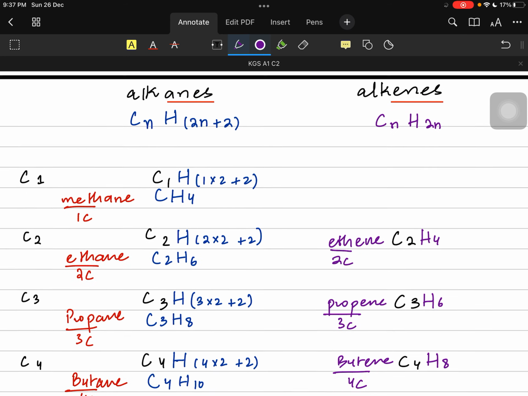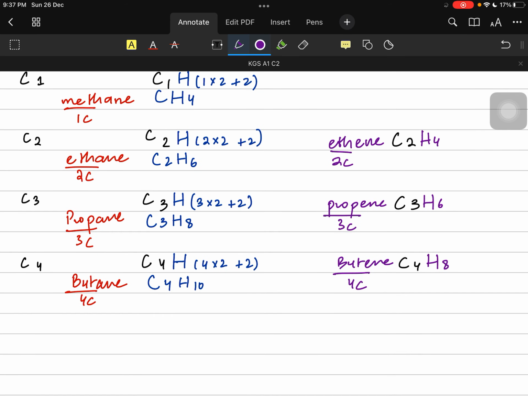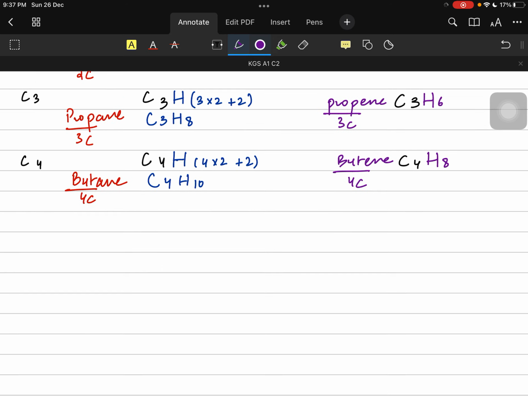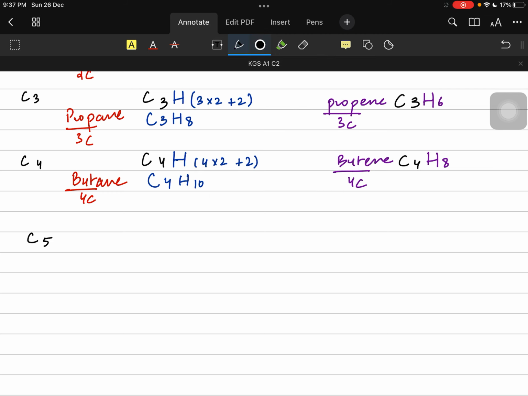So every time the general formula is followed, alkanes have double the number of carbon plus 2 hydrogens, while alkenes have no extra hydrogens, just simply doubling. So alkanes will always have 2 more hydrogens than alkenes, and each has its own general formula, and even the naming pattern is very similar. For example, let's say C5 alkane, C5 alkene, C6 alkane, C6 alkene.